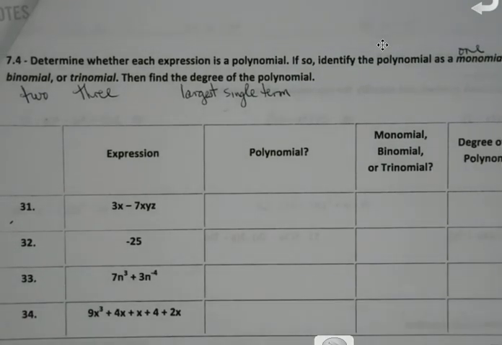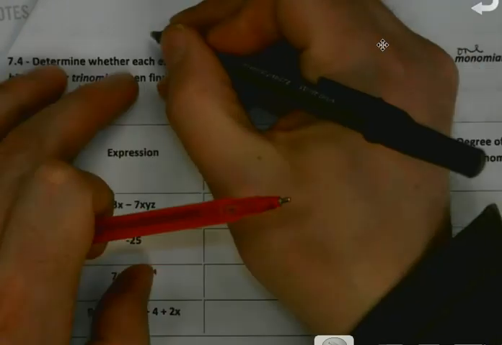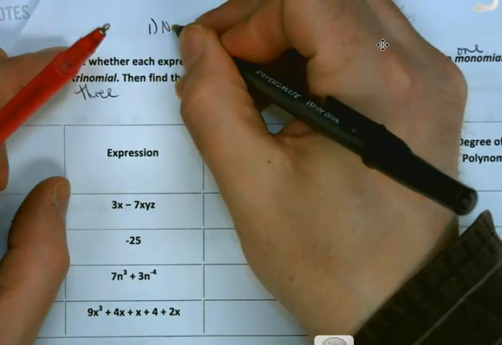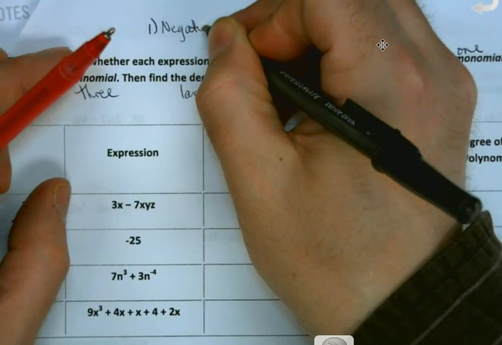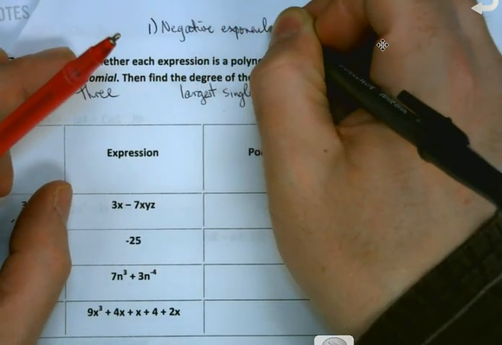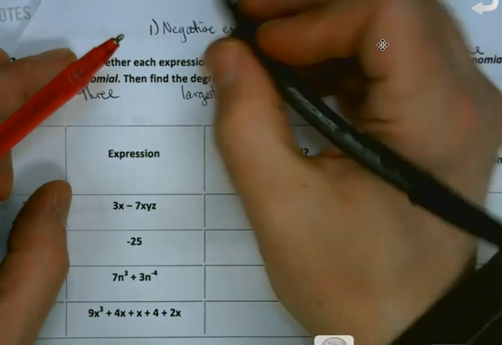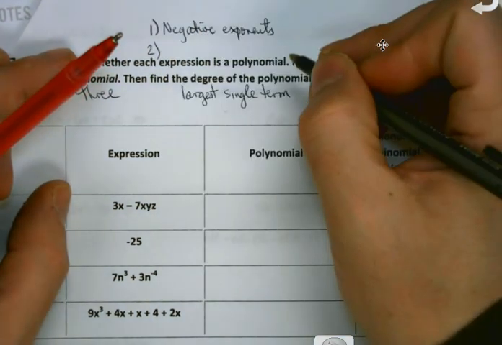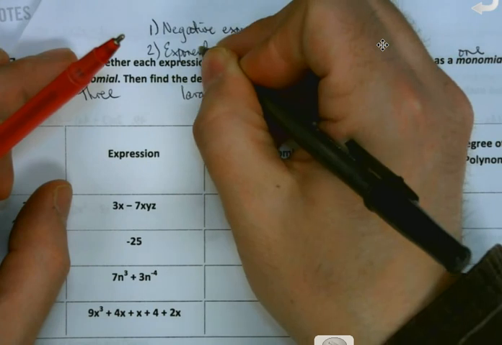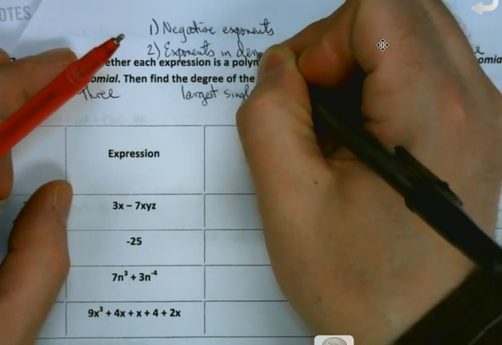Couple of things to be on the lookout for. Remember, our big issues are negative exponents, and exponents in the denominator, which kind of goes along with negative exponents.